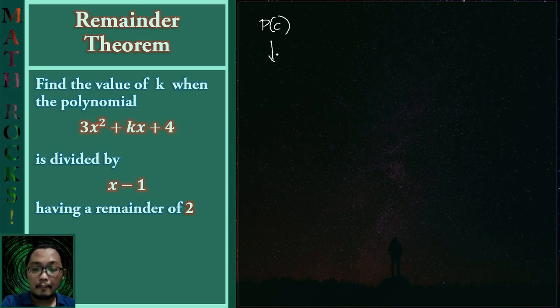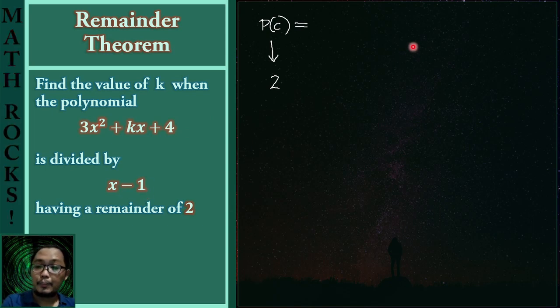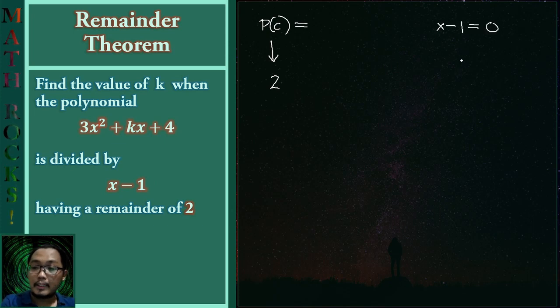Therefore, we can have this be the positive 2 in the given problem. Since we only have to replace the x's by the value of c, we have to restate the x minus 1 to x equals 1.